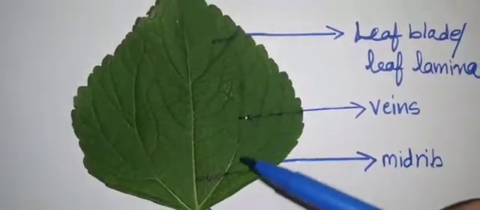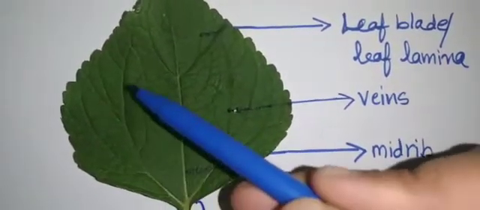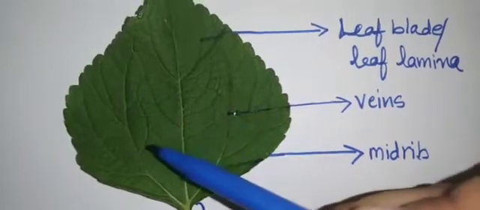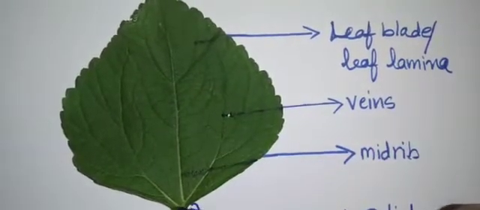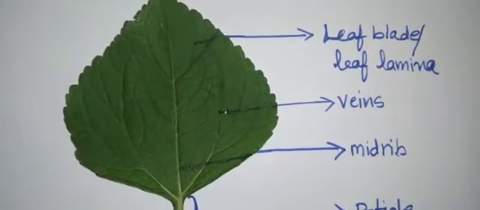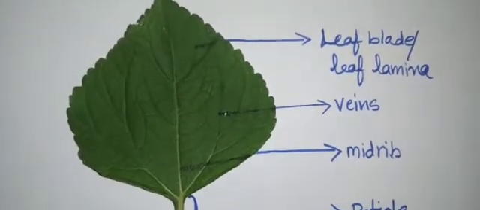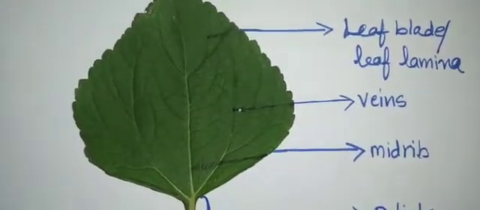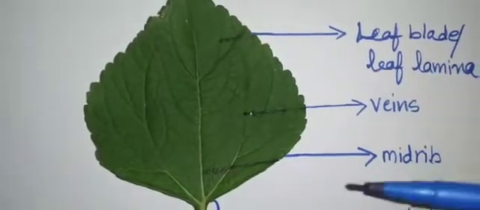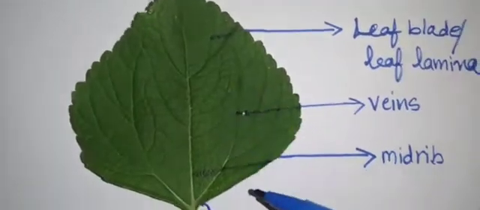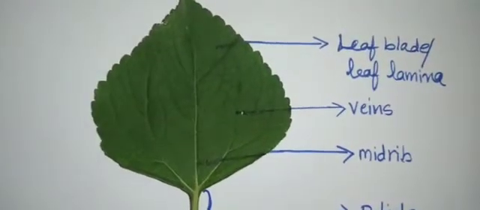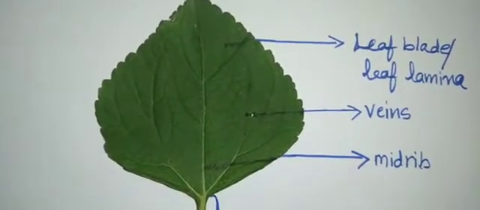The main ones here are called veins. And when you observe the network of lines in this leaf, you can see very small vein-like structures, right? So they are also veins.